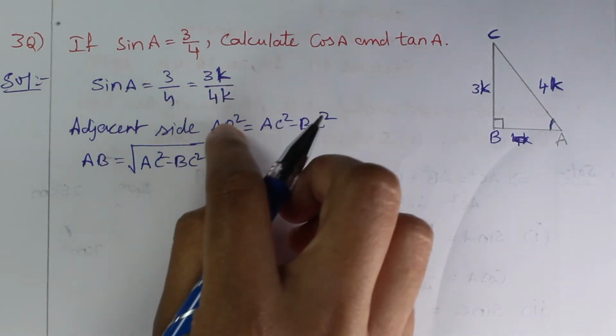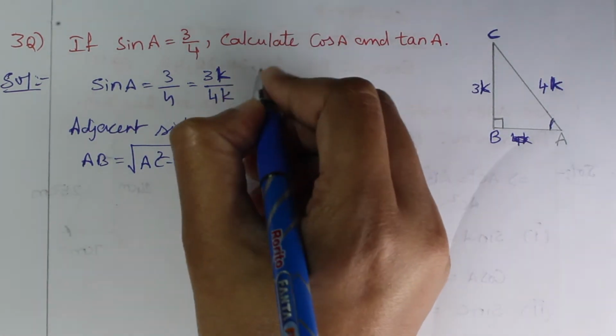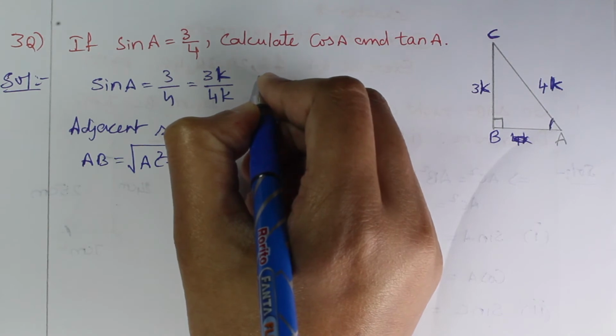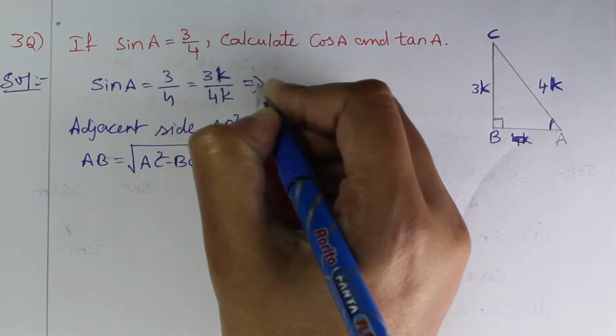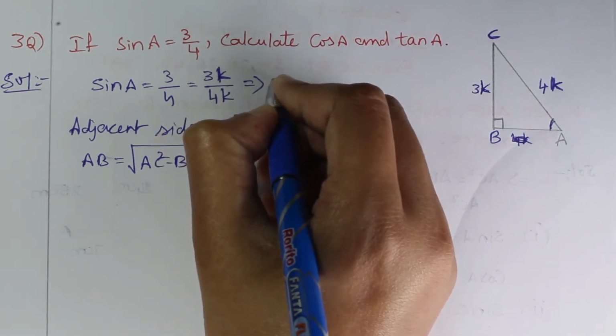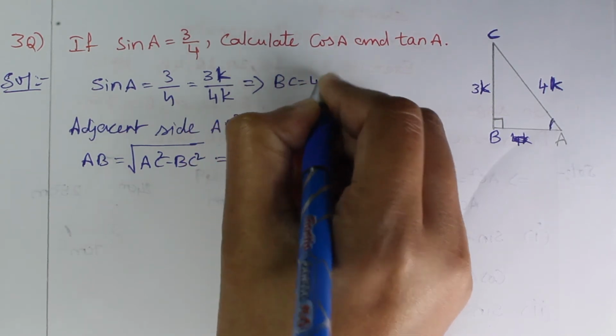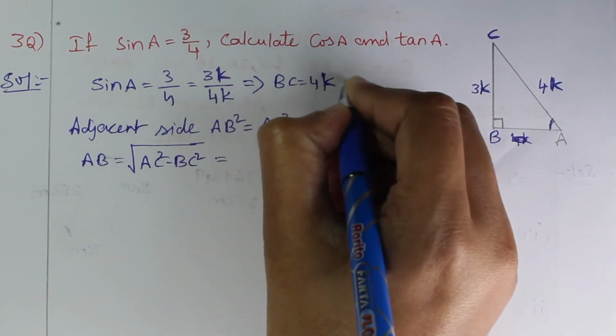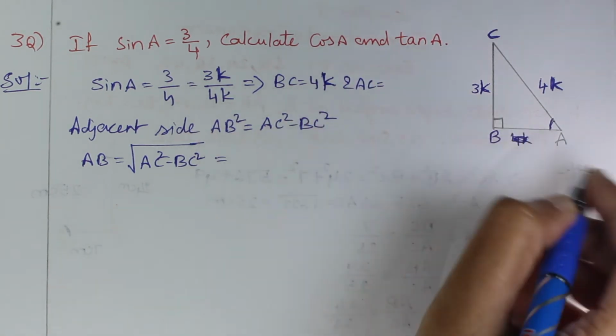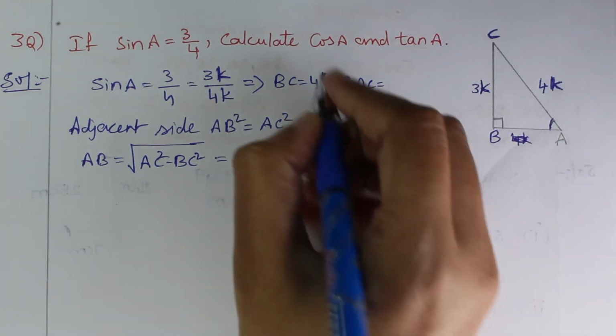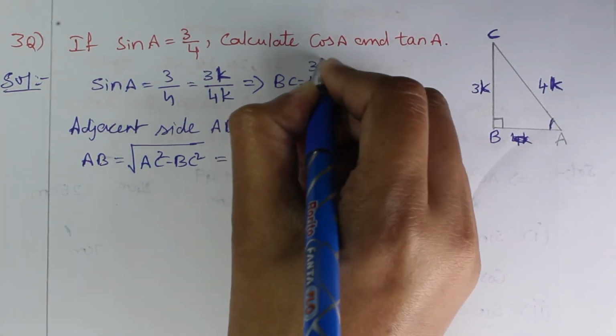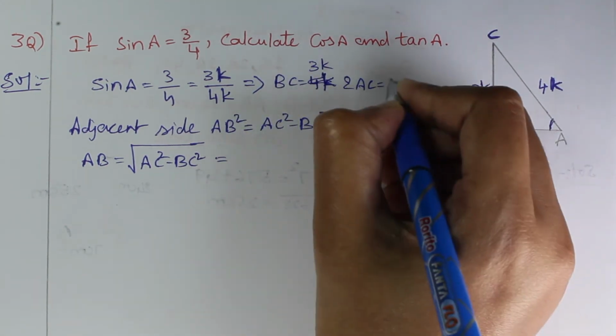BC is equal to 3K, sorry, BC is equal to 3K and AC is equal to 4K.